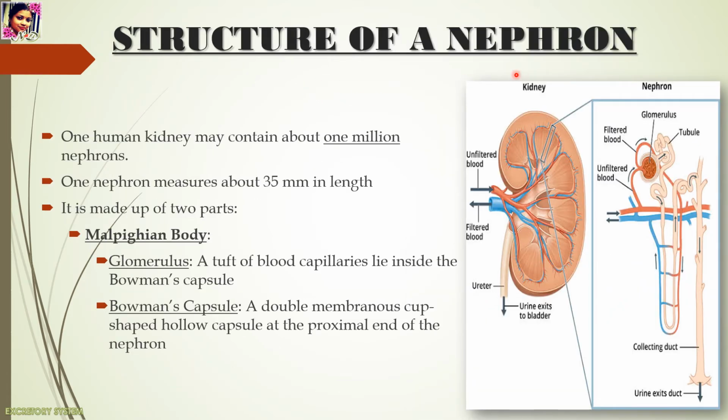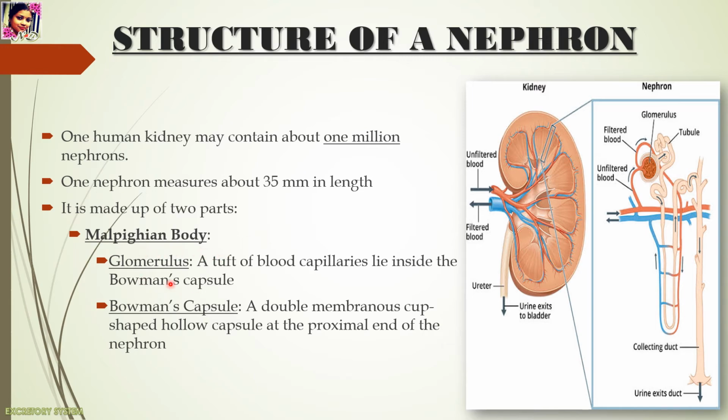Structure of a nephron. One human kidney may contain about 1 million nephrons. One nephron measures about 35 mm in length. One nephron is enlarged here. It is made up of two parts. One is the Malpighian body.